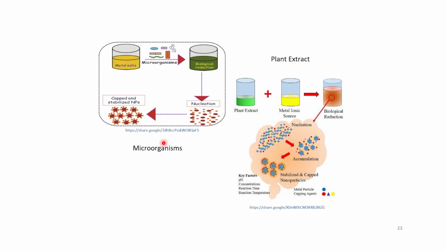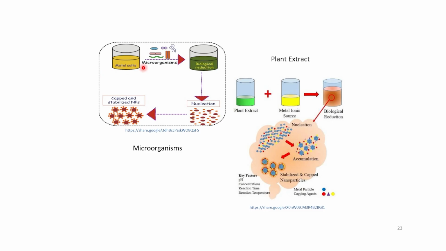So how do you obtain your nanomaterials from microorganisms? You have your metal salts, whatever metal nanoparticle is desired, a silver salt solution or a gold salt solution. Then you put in microorganisms, and there is a biological reduction by the enzymes secreted by them.